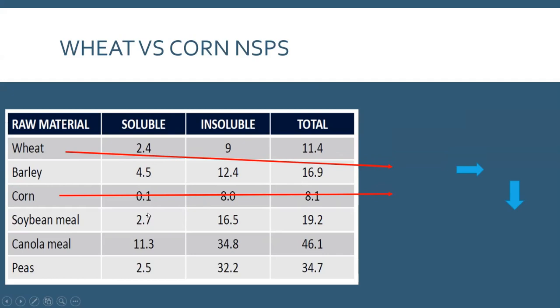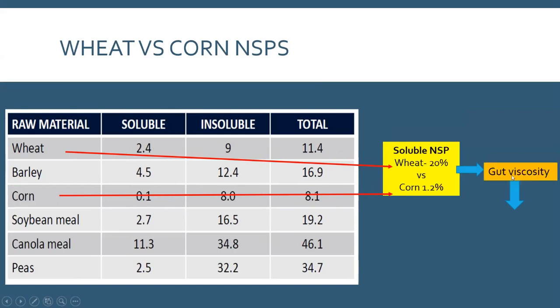So the difference is really big, and this would normally cause an impact on gut viscosity. So compared to 20% versus 1.2% soluble NSP of wheat versus corn.